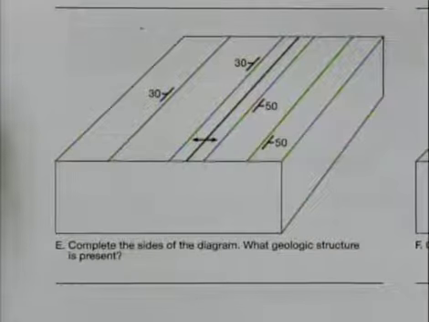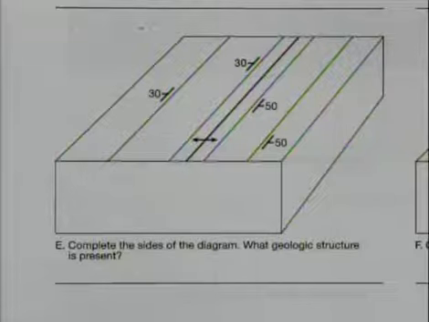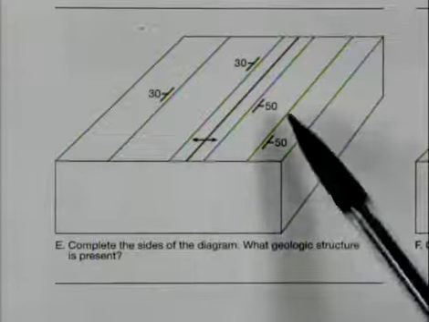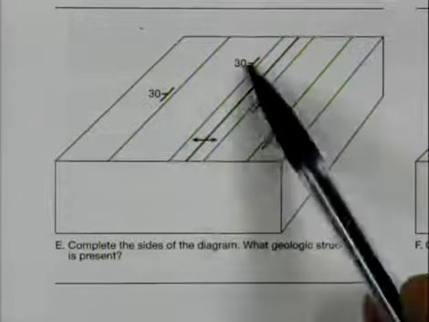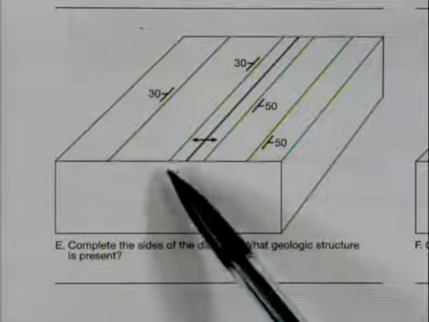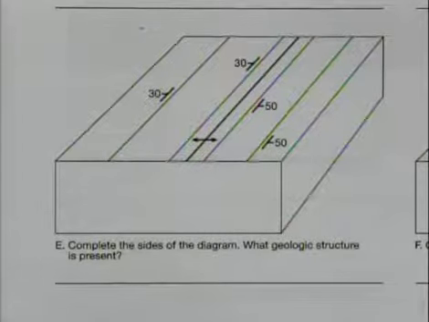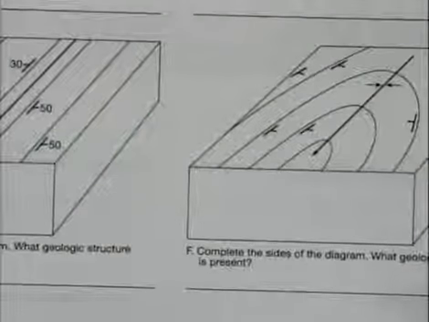In other blocks, you're going to be working with strike dip symbols and fold symbols again. So based on the information that's given here with these symbols, complete the face of this block and the face of the block just next door.